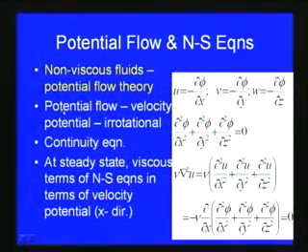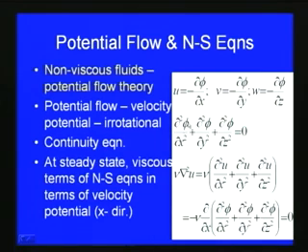Then, as far as potential flow is concerned, let us consider a non-viscous fluid, as in the case of potential flow theory. For potential flow problems, we have already seen that the velocity components u, v, w can be expressed in terms of the velocity potential phi: u is equal to minus del phi by del x, v is equal to minus del phi by del y, and w is equal to minus del phi by del z.